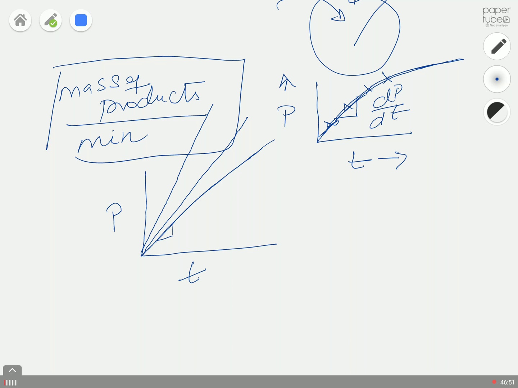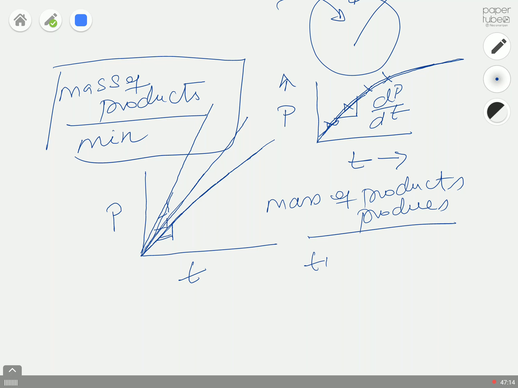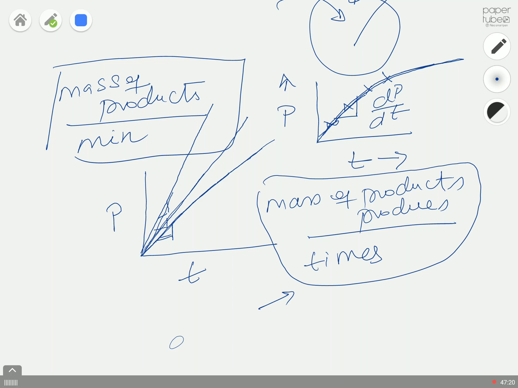You take the slope of the initial region where you see a linear line, so that will give a number, like mass of products produced per unit time, yeah? So we call that the activity of the enzyme.